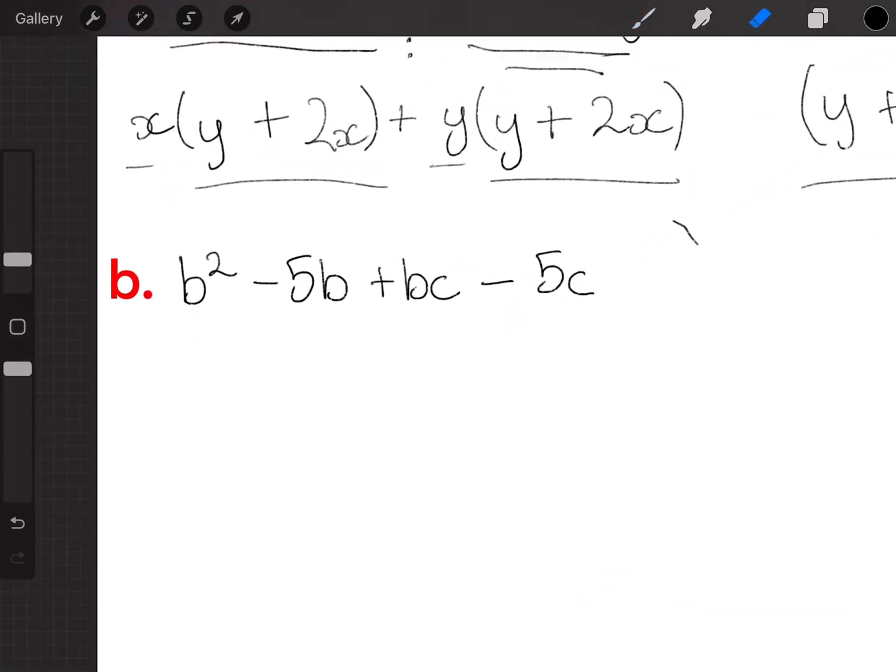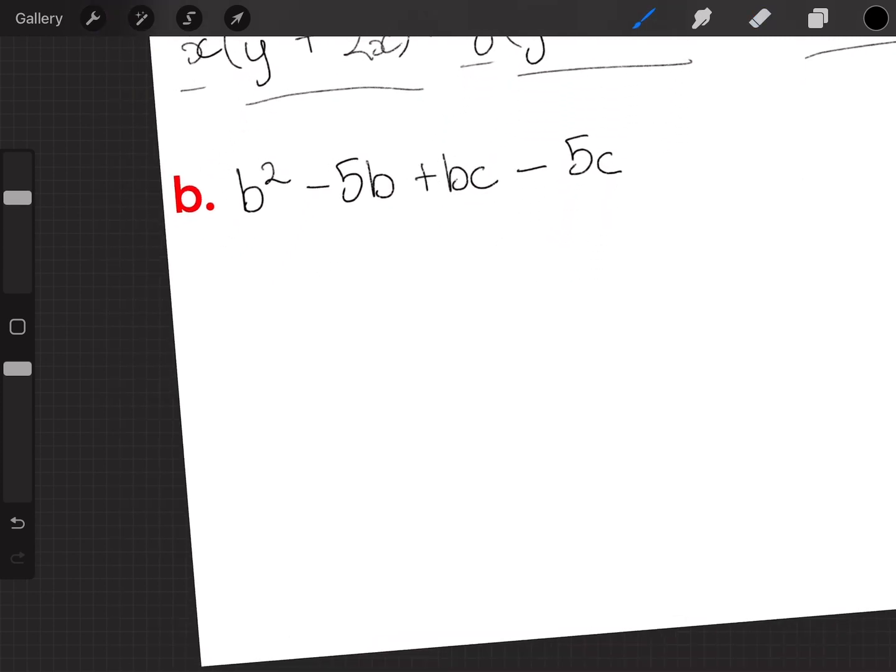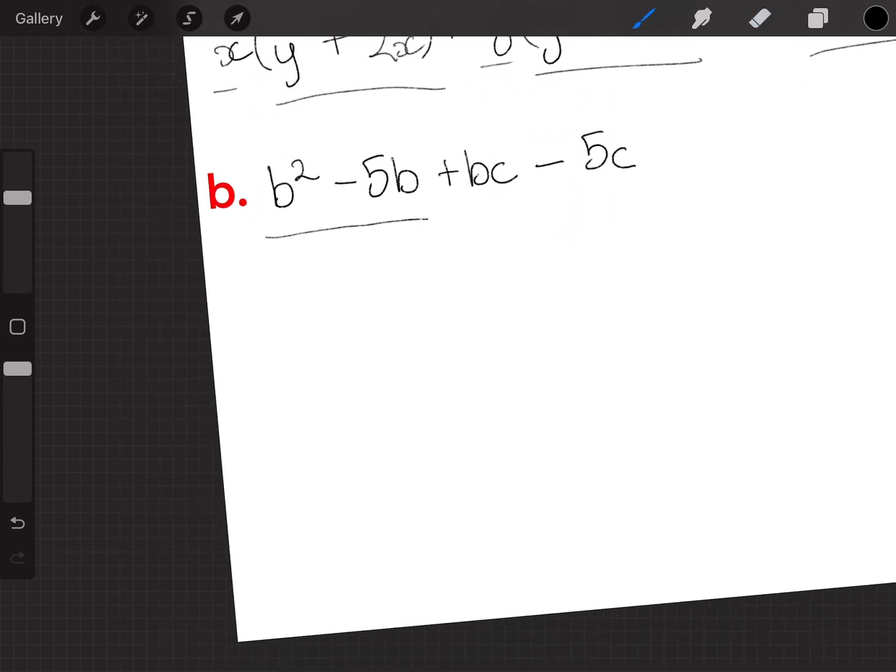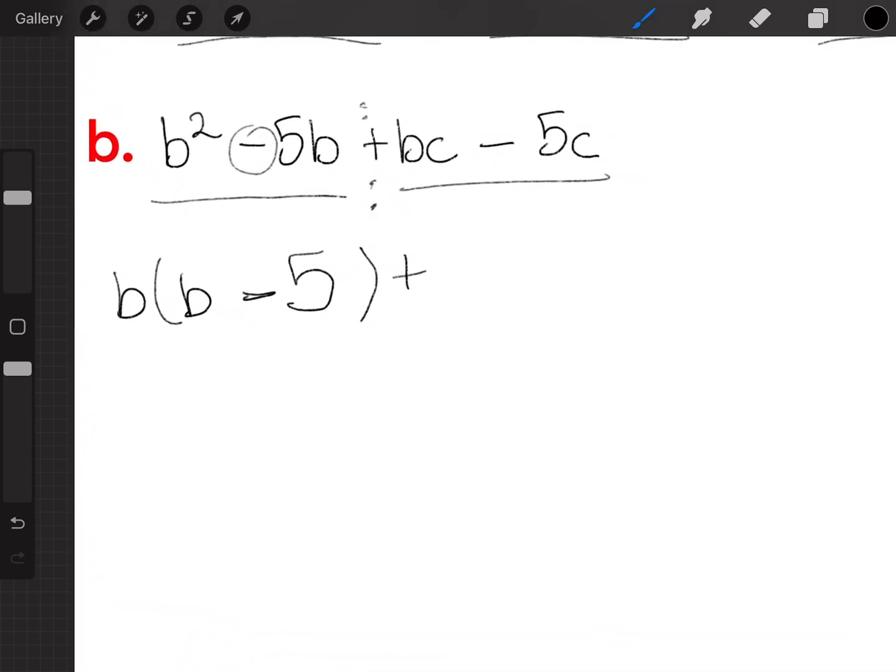Now we can do b, the same tactic used. So what's a common term in the first part? We need to divide it in the middle. So a common term in both is b, and we need to add brackets next to the b. Put b in the brackets, because b times b equals b to the power of 2. And then minus, because there's a minus between them two. 5, because negative 5 times b equals negative 5b. Then we have to add another plus in between, and a common thing between these two numbers is c.